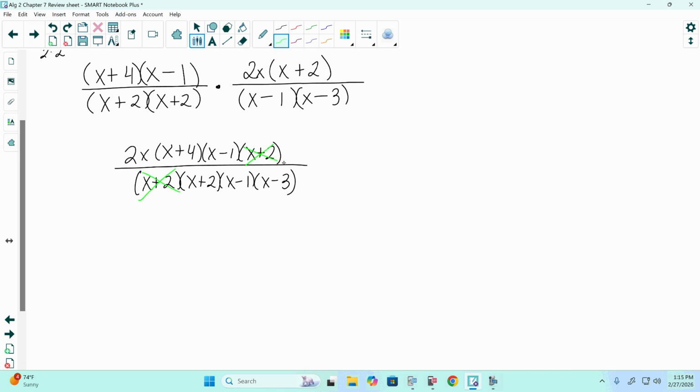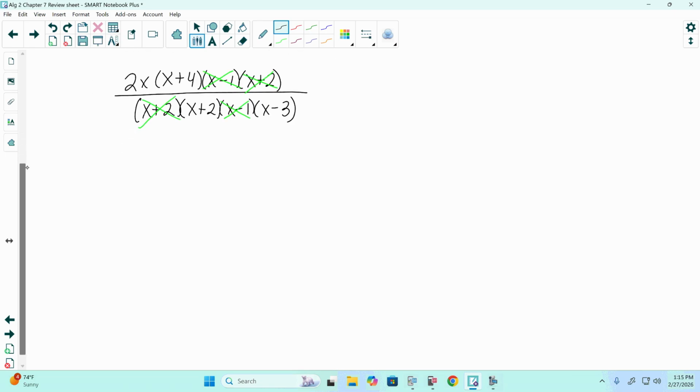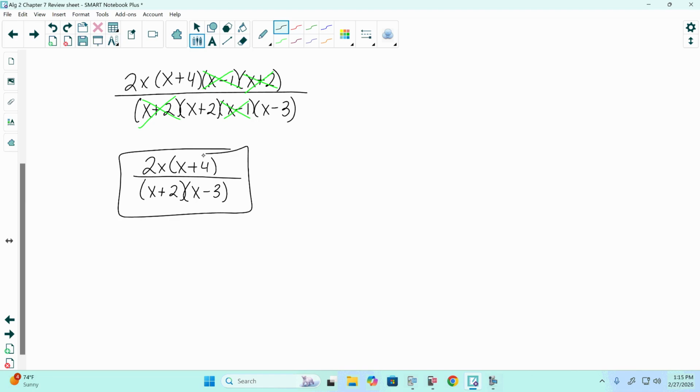We just have one of the x plus 2's on top and bottom simplifying out. We also have an x minus 1 on top and bottom simplifying out. And that is actually it. And that is our final answer.